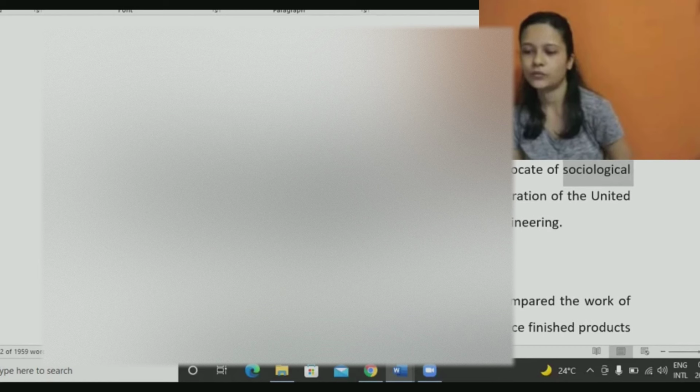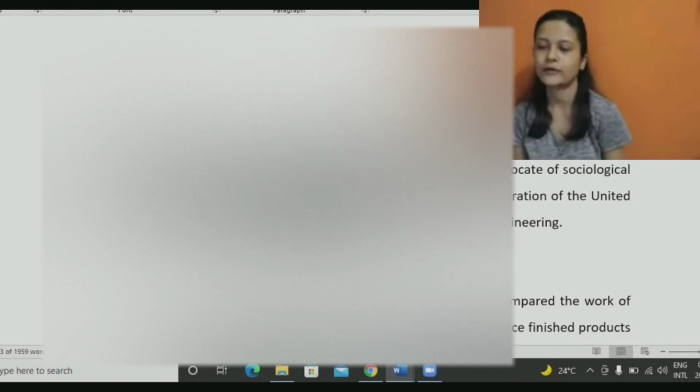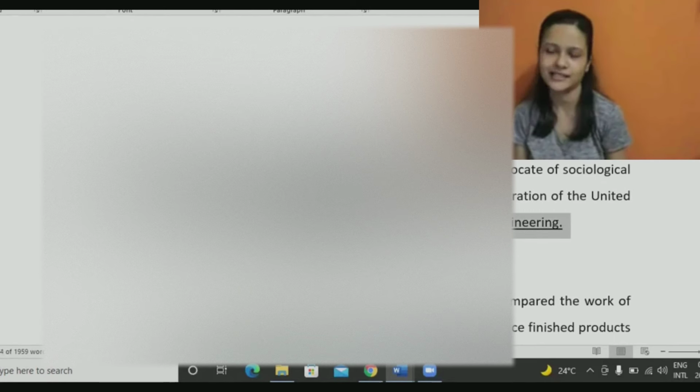He was a leader in the reform of court and administration in the United States, and he gave his theory of interest, which is described as law as social engineering. Law as social engineering is also called the theory of interest.